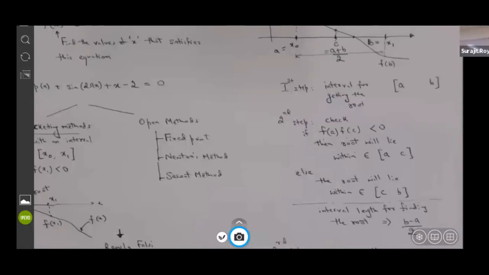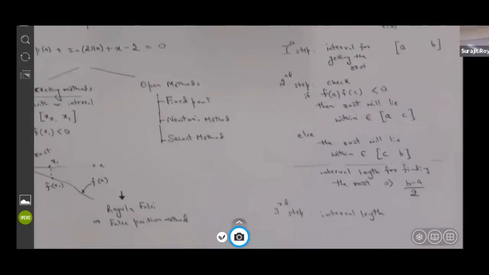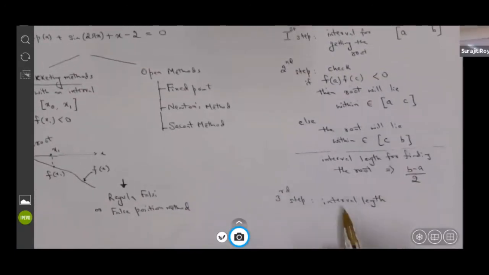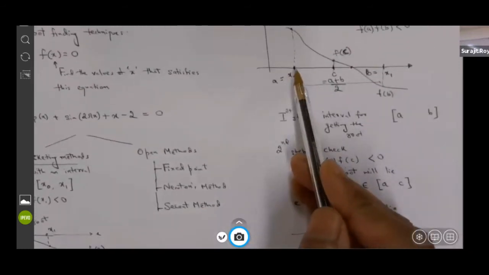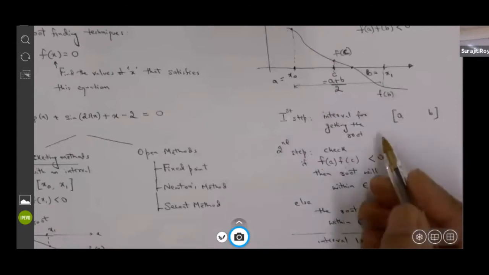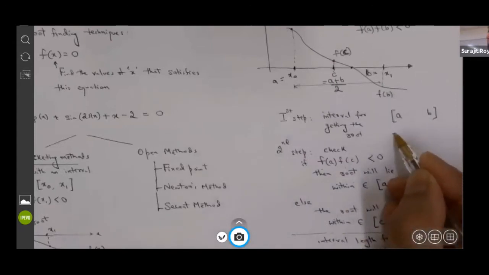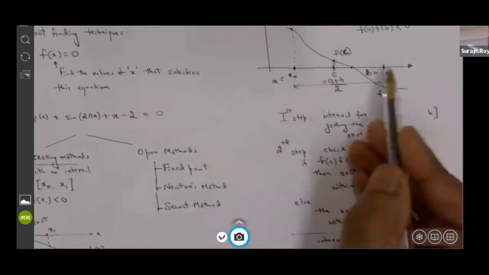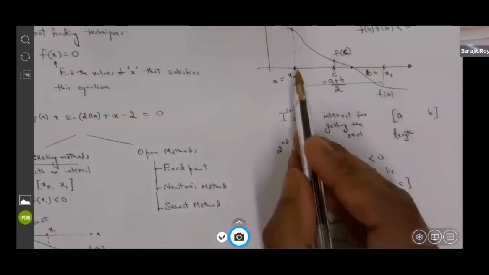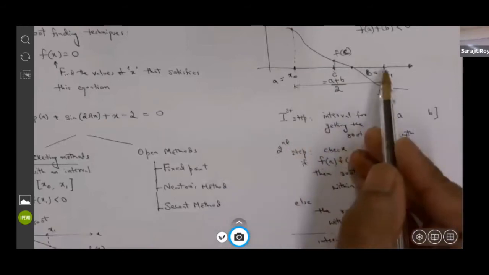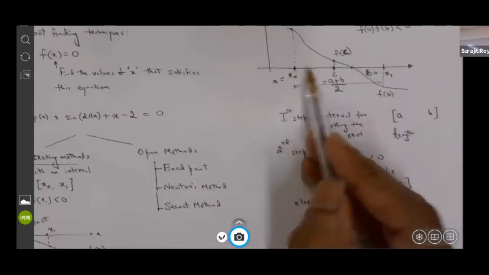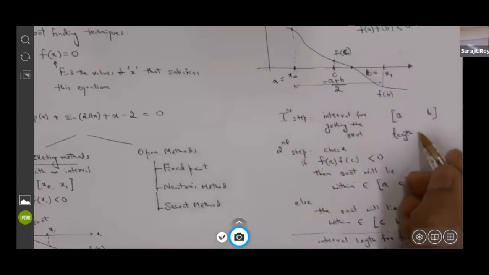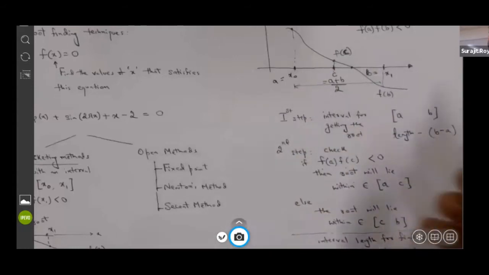So Ethan, can you tell me what will be the interval length for my third step? When I started the first step, my interval length was B minus A, the distance between two points where the root lies, isn't it?